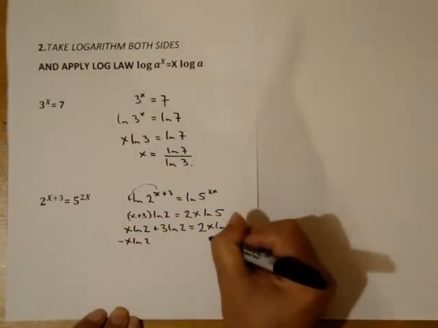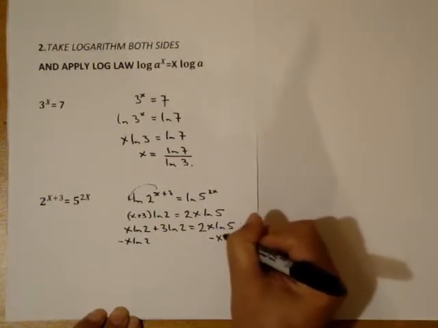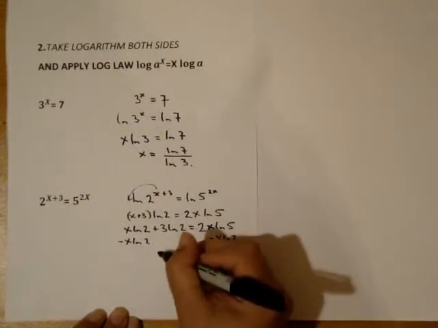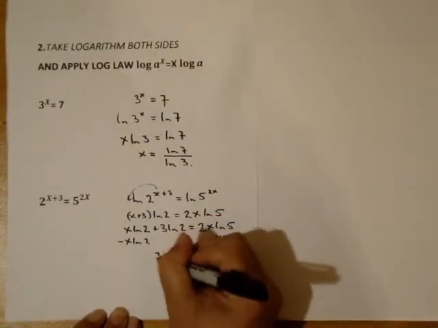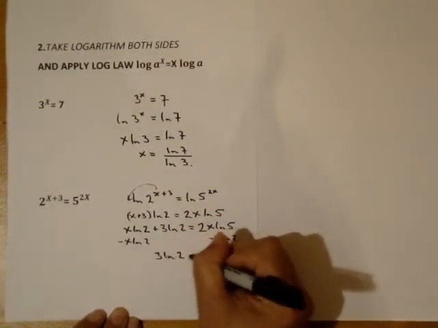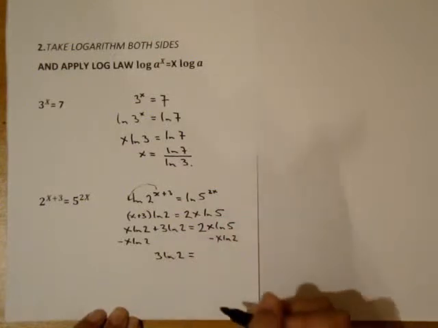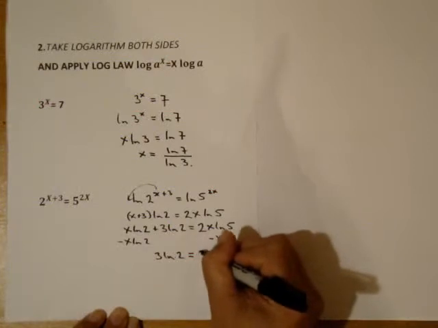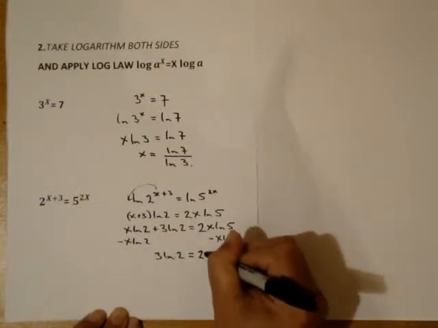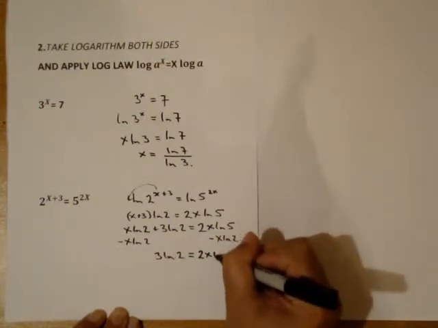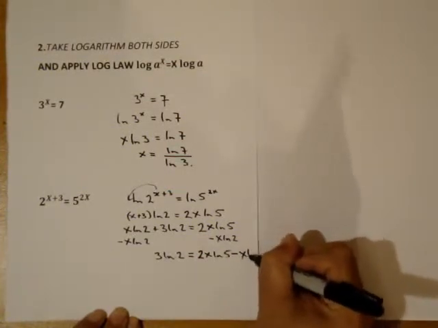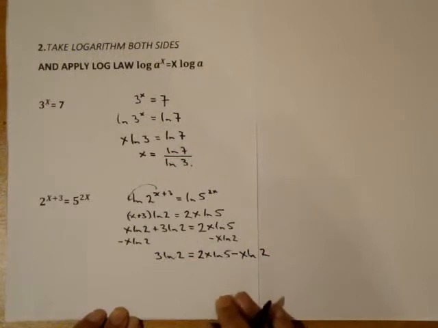So minus x log 2 on this side. So this gets rid of that, so we're left with 3 natural log 2 equals 2x natural log 5 minus x natural log of 2.